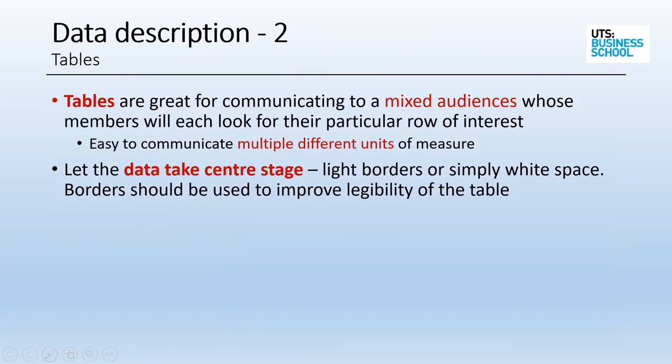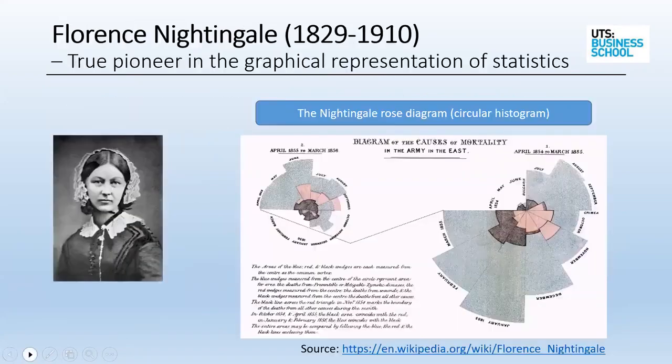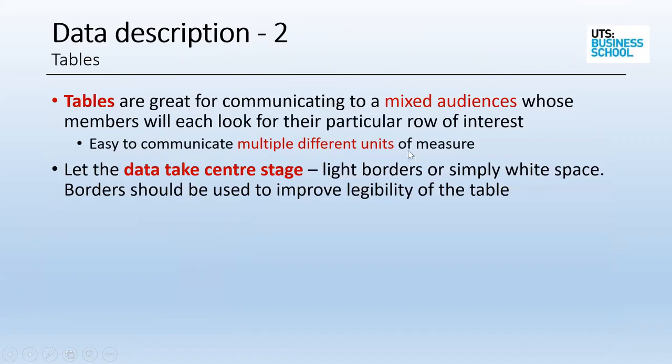Okay, then we come to data description in terms of tables. Tables are great to communicate to a mixed audience, but again, you have to look at what the majority of your audience is like. Do they like numbers? If they do, it's a good idea to put some tables in your presentations.